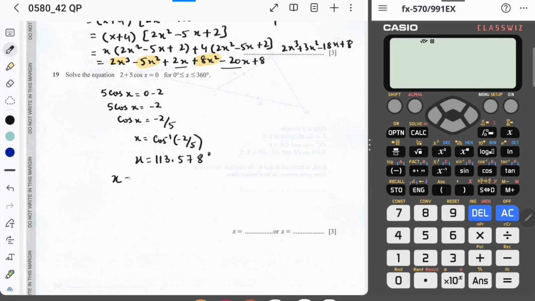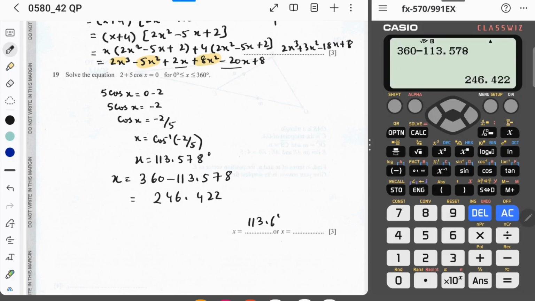The other angle will be equals to 360 minus 113.578, which is 246.422 or 246.2. So one of the answers is 113.6 degrees, or the other answer will be 246.2.